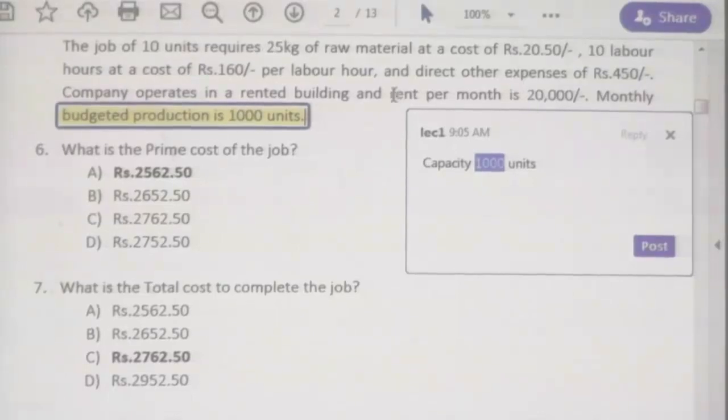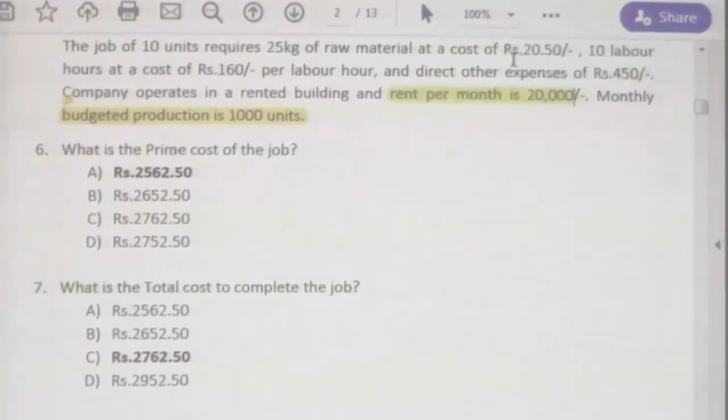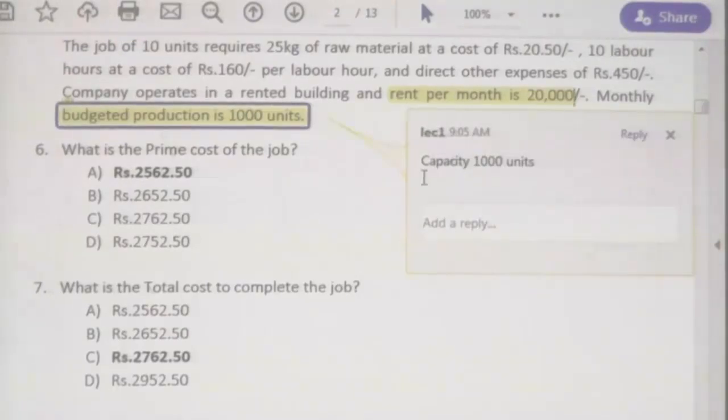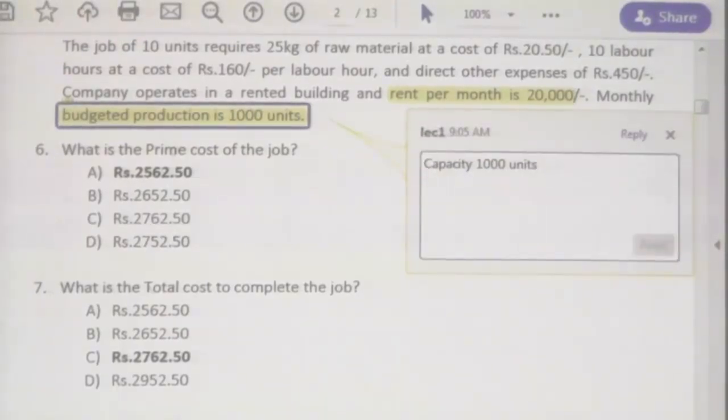Since our rent is a fixed cost, and capacity is 10,000, we can calculate our fixed cost per unit by dividing 20,000 by 10,000. Therefore, fixed cost per unit will be 20 rupees. This is the fixed cost per unit. Why? When you have fixed cost, it should be divided by capacity to find out fixed cost per unit.